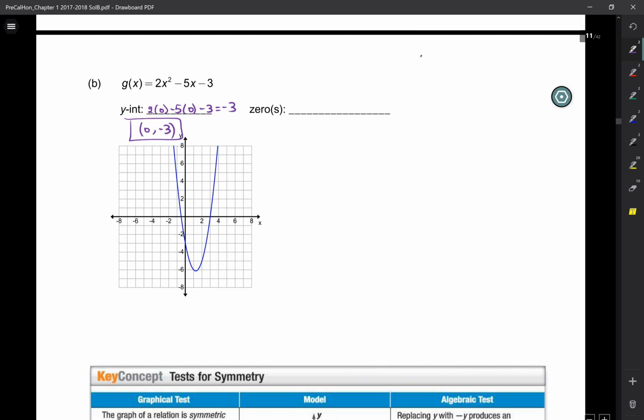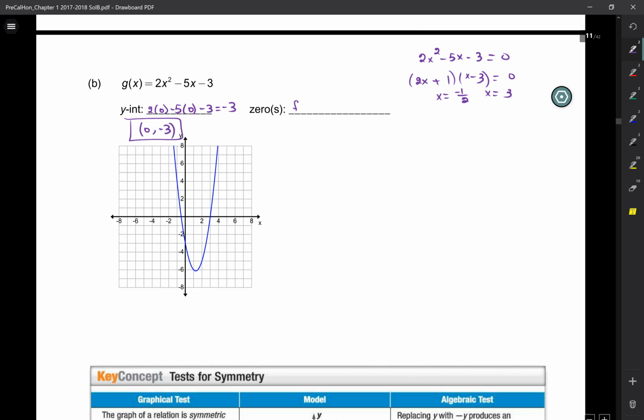Okay, so zeros. We're going to set the function equal to 0 and factor. How does this factor? Right. So x equals negative a half, x equals 3.